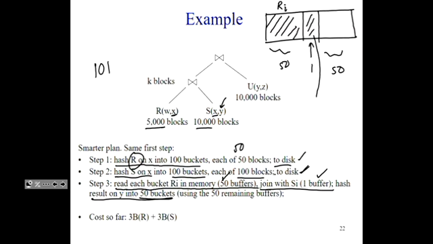If I cycle through all the blocks of bucket Si, then I can compute the join between bucket Ri and bucket Si. If I do this for all i, then I'm done with the hash join. That's essentially the idea.